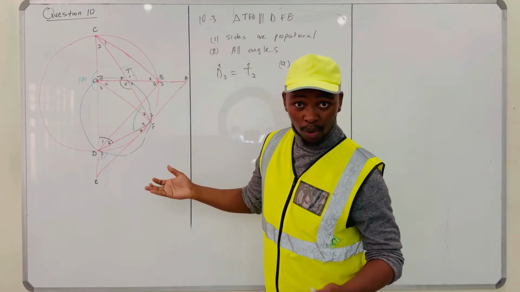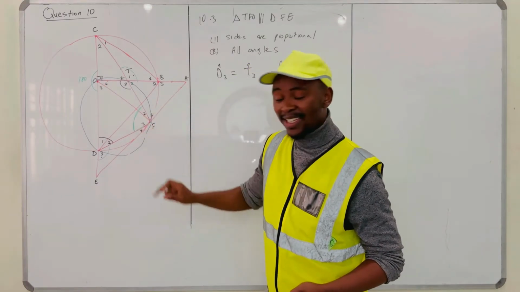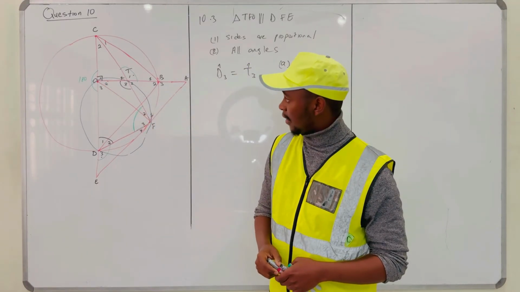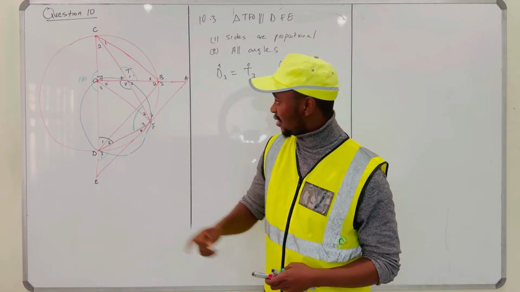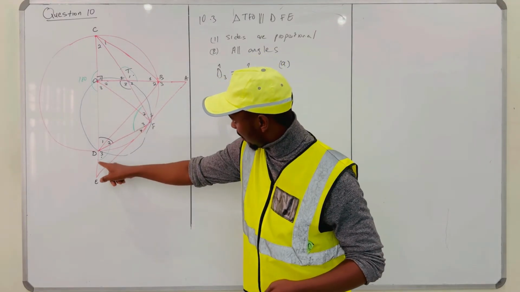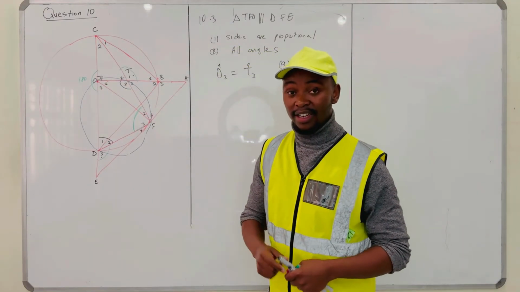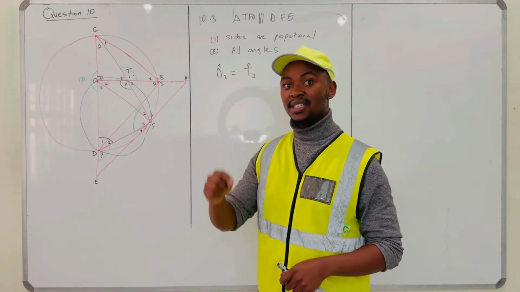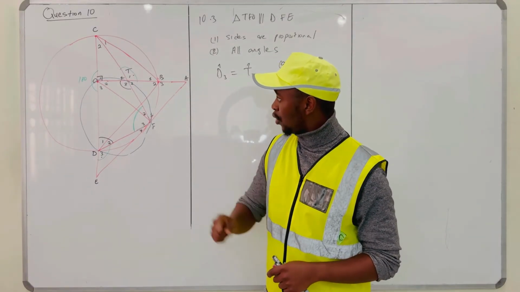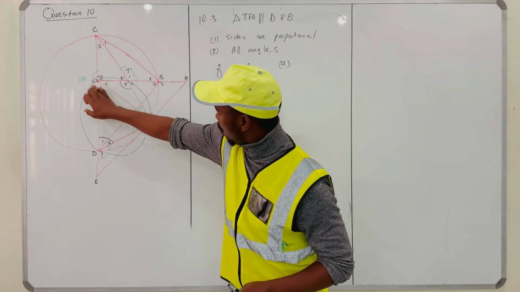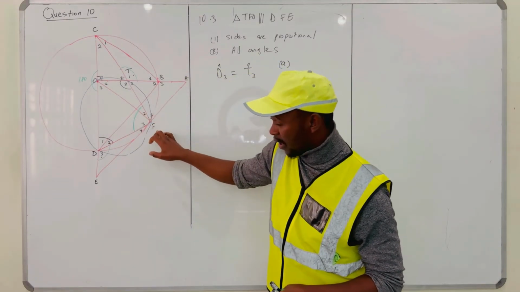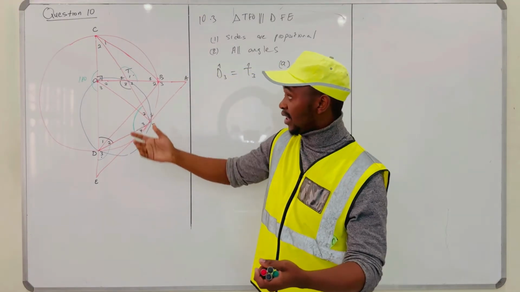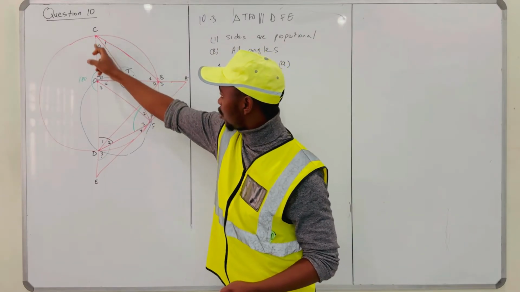This is just a mere chord, but OF is the radius. Understand that the radius at this point is the same as this radius here and the same as the radius there. Radius will always be the same because it starts from the center to the circumference, which can tell us that OC is equal to OF because those are radii. And what does that tell us about this whole triangle here?